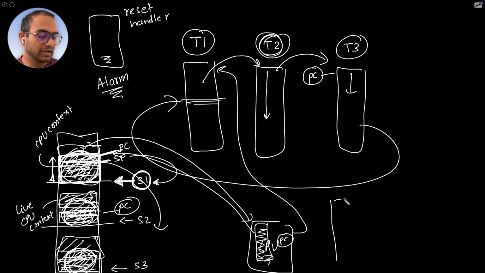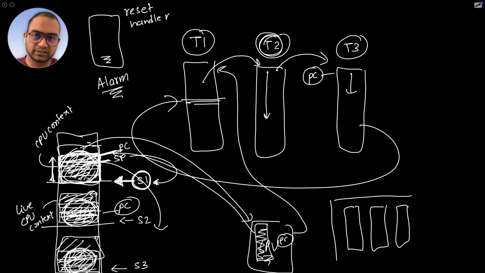What you should take away is we are going to dedicate different stacks for different tasks. And each of those stacks to begin with will be configured with a dummy CPU context. That's all.